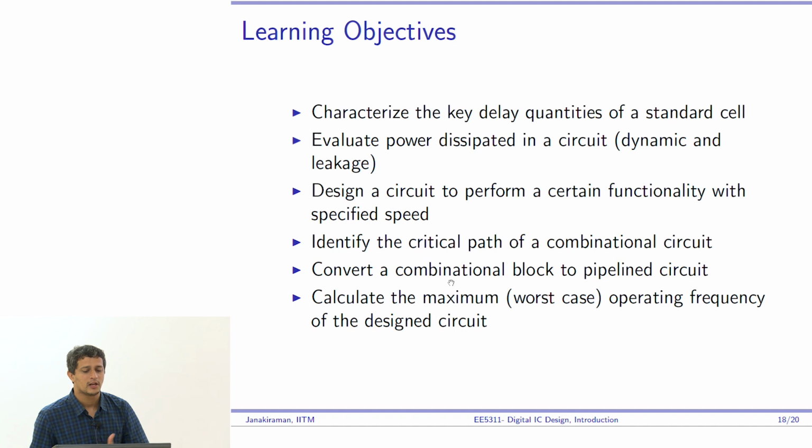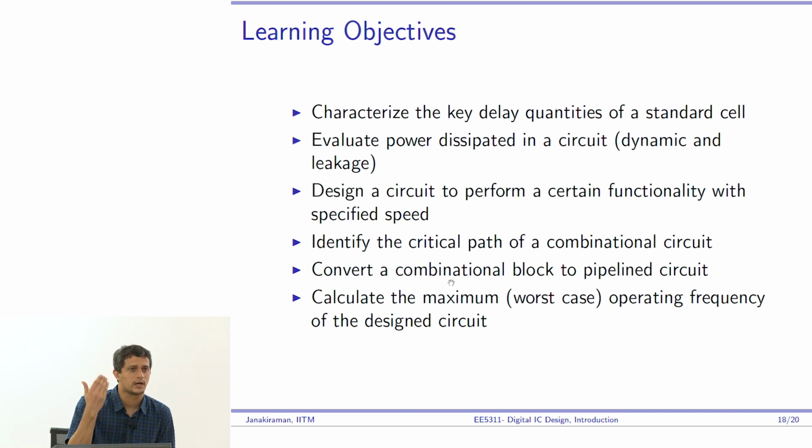Identify the critical path of a combinational circuit, then convert a combinational block to a pipelined circuit. Pipelining is another fantastic concept where you can improve the throughput of your system. How do you do that? Where do you go and put your flops? How do you make sure that the circuit throughput can double, triple and so on?